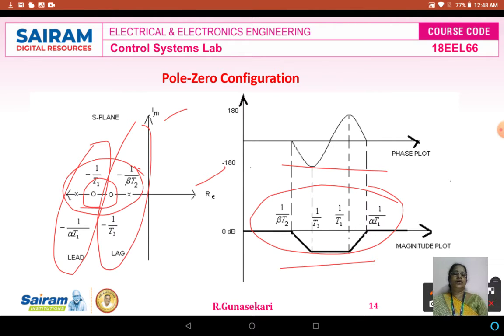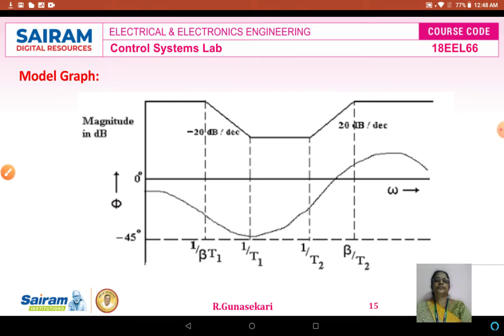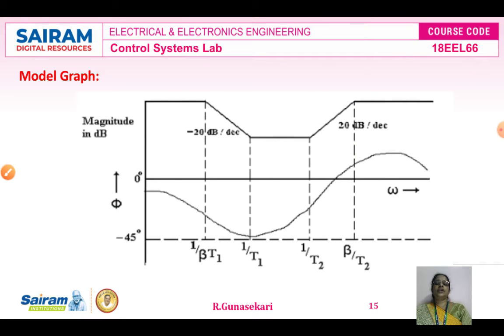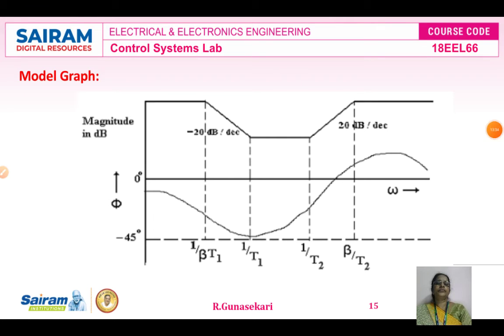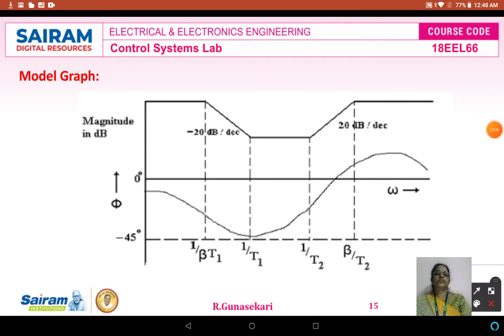Now you see the expected model graph. The x-axis is frequency: 1 by beta T1, 1 by T1, 1 by T2, beta by T2. Then this is the 0 decibel line. The y-axis is phase angle in degree, and then magnitude in decibel.